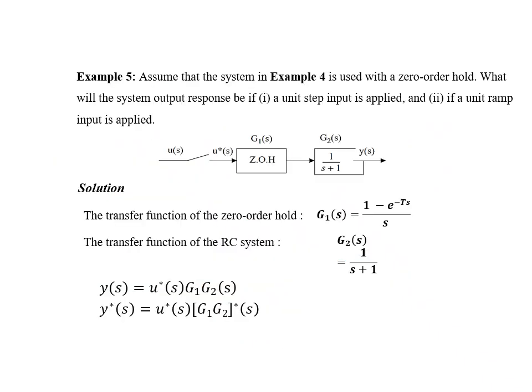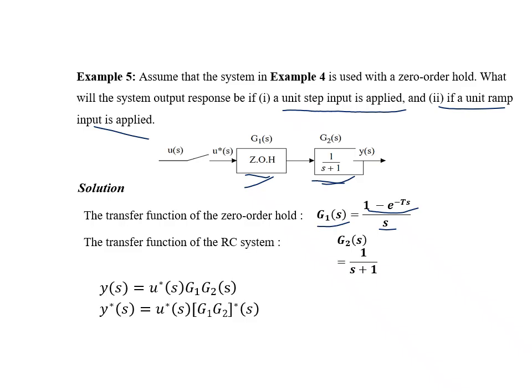Now we will see example number 5. Assume that the example of 4 is used with a zero order hold. We have a zero order hold in the system. What will the system output response be if a unit step input is applied and if a unit ramp is applied? We have G1 equals 1 minus e power negative Ts divided by s, which is the transfer function of the zero order hold.